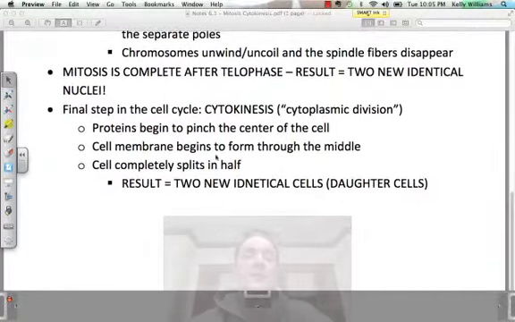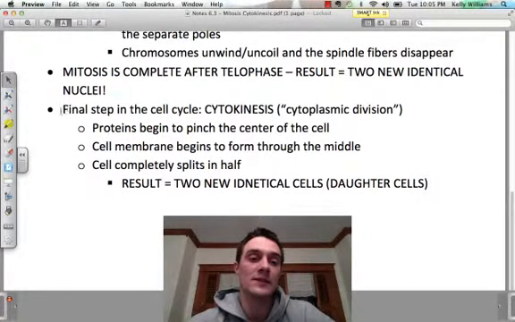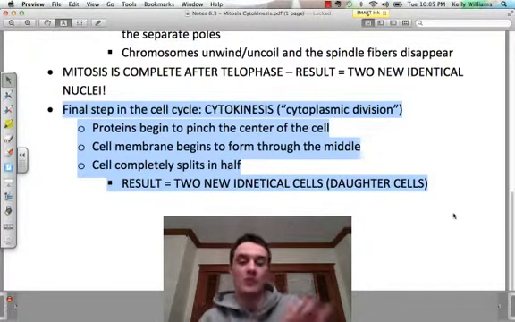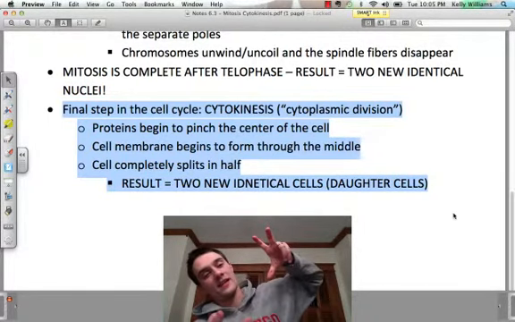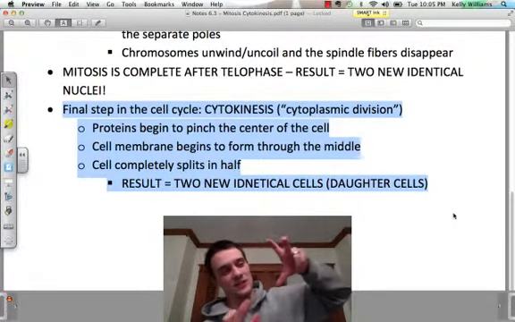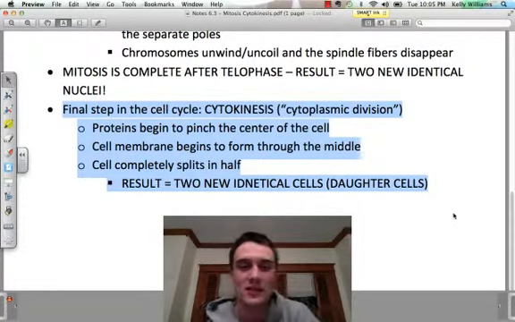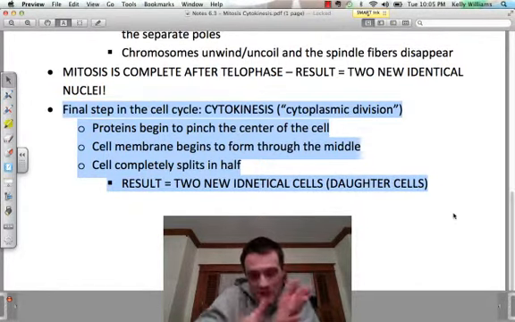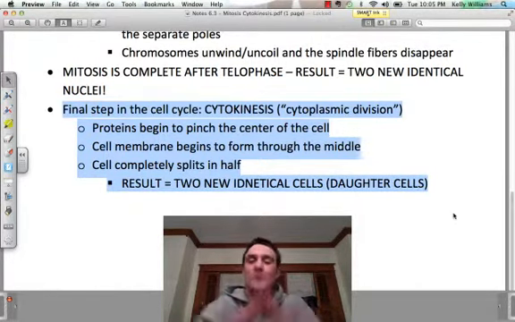The final step is indeed cytokinesis. Cytoplasmic division, if you will, where proteins act almost like a belt, like you're tightening a belt around your waist. These proteins really pinch in at the center of the cell, and all of a sudden, pop. We've got cell membrane formed on each side, and the cell completely splits in half.